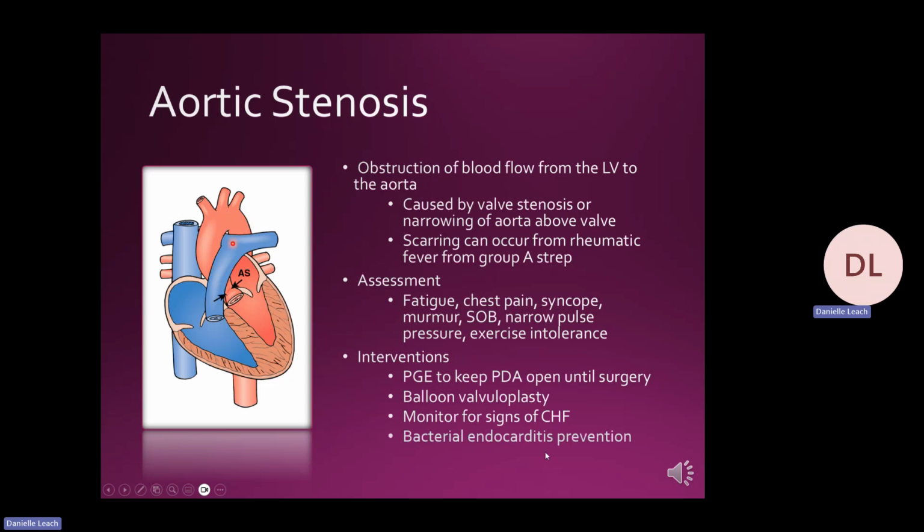So we would need to keep the PDA open to allow some blood to backflow from the pulmonary artery into the aorta. They can also have a balloon valvuloplasty, which is done via cardiac catheterization. They would bring a balloon device up here to repair the valve. We want to monitor for signs of CHF, and this patient would also be on bacterial endocarditis prevention.